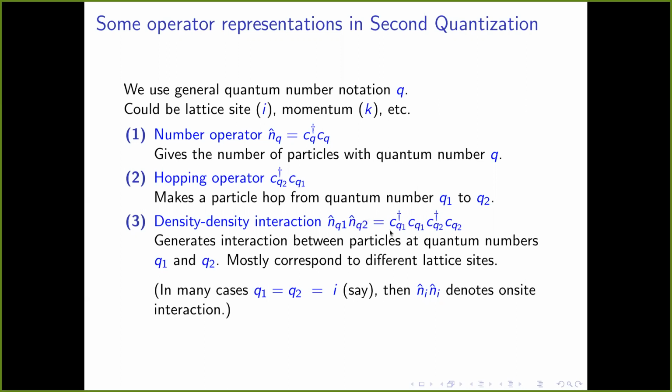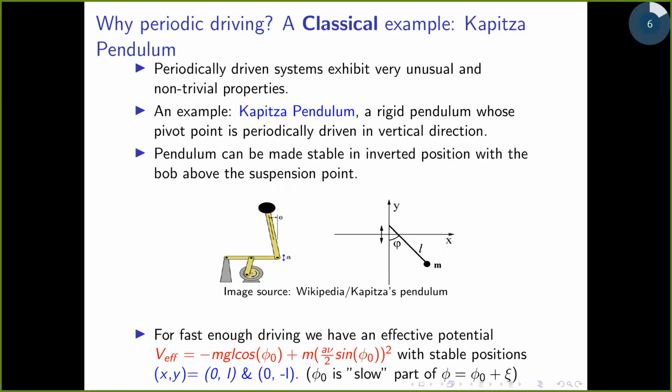So for n q1, n q2, it generates interaction between particles at quantum numbers q1 and q2. For example, if q1 and q2 equal the ith lattice site, then n i denotes the on-site interaction in the system. Okay, so that's all I wanted to say about second quantization.